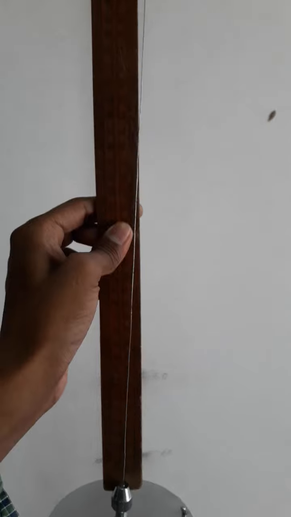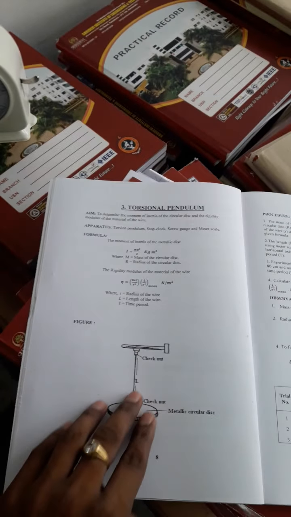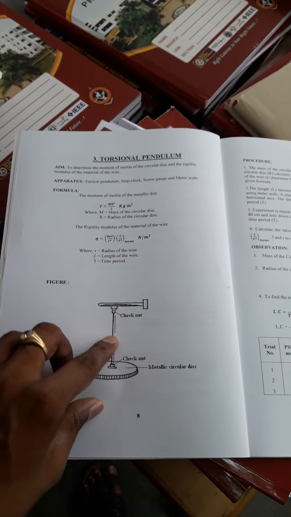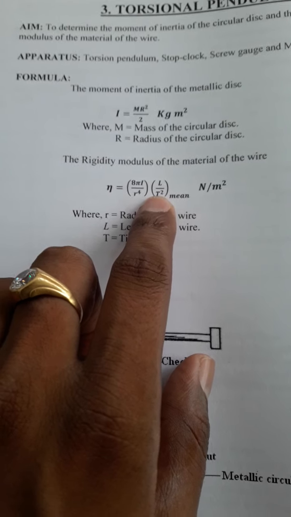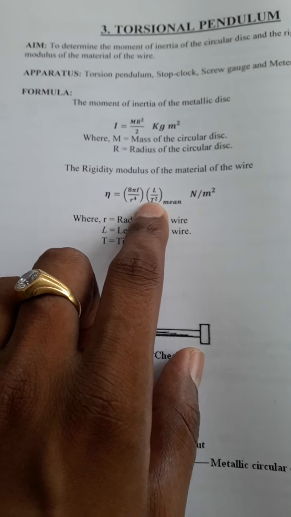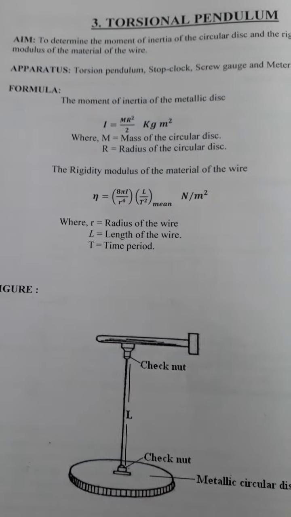By using a meter scale, we are going to measure how much its length is, taken between the two chuck nuts. Then T is the time period. For that, we are going to conduct the experiment.